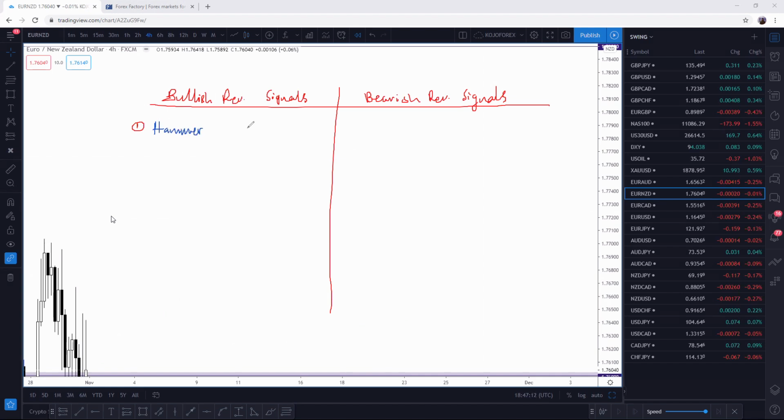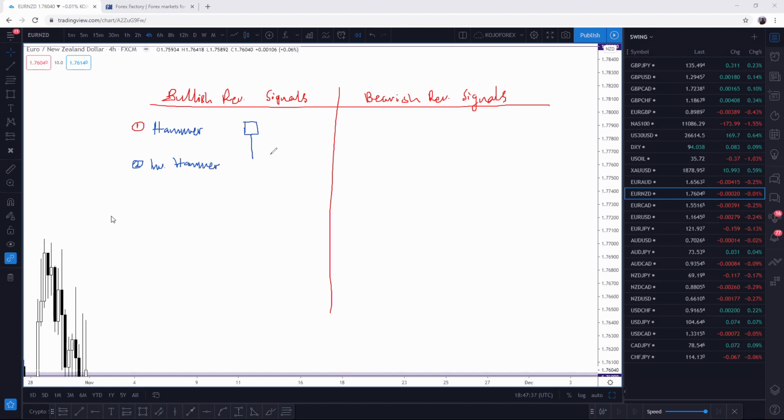So how does the hammer look? You usually have a head and then a wick on the downside like that. And then number two, we have the inverse hammer. It's the opposite of this one.